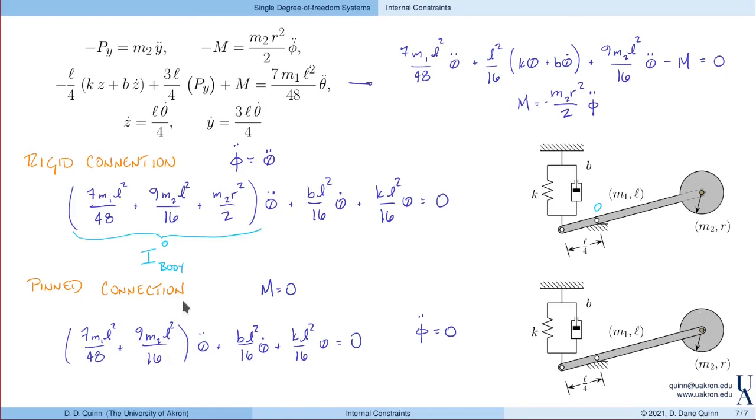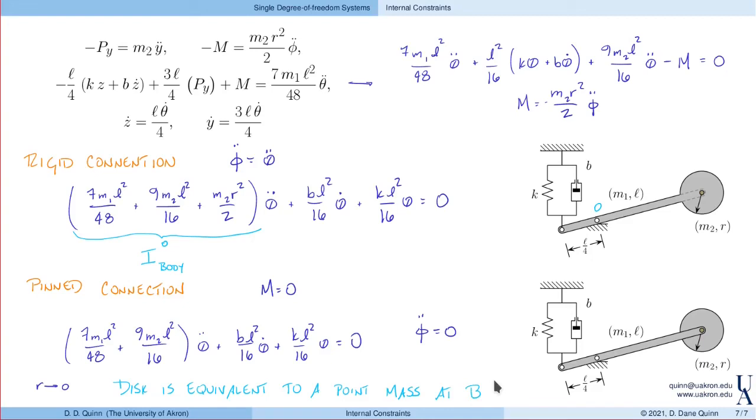Now, notice that if r goes to 0, in the rigid connection, then we recover this equation for the pinned connection. So essentially, this pinned connection implies that the disk is equivalent to a point mass in terms of its effect and influence on the motion of the bar.